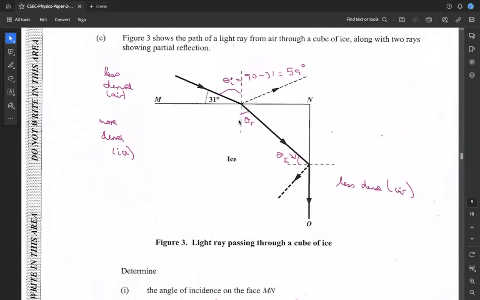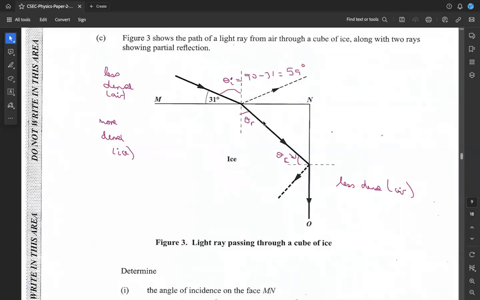We're in ice now, and these rays are going to be our incident ray. It's going to be incident on this face NO as the ray tries to leave from ice to go back to air. Whenever you see a critical angle question, just think, we're going from a more dense medium, ice, to a less dense medium, which is air, right?